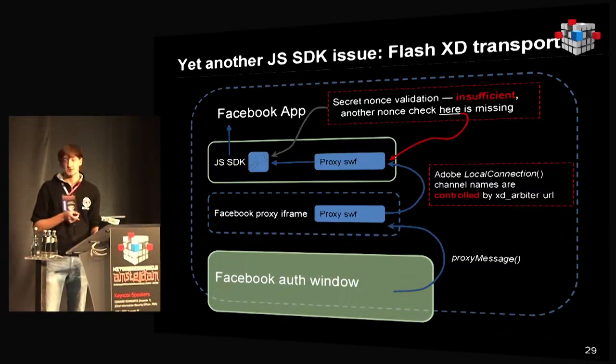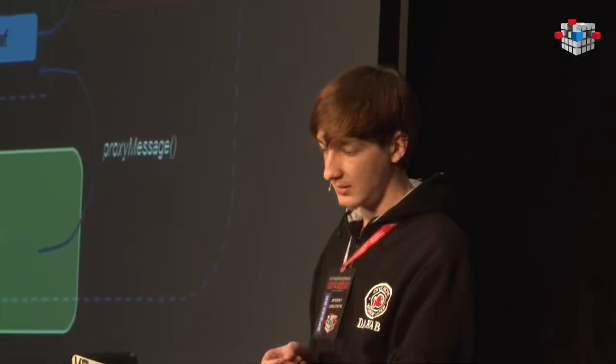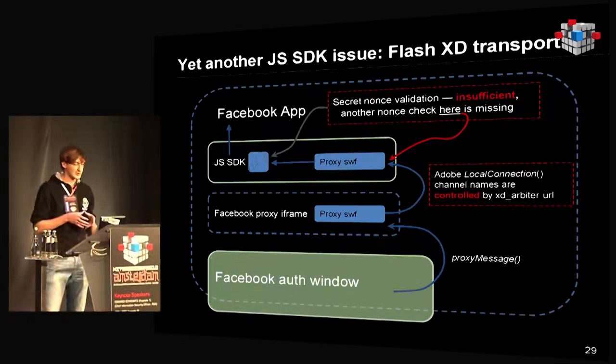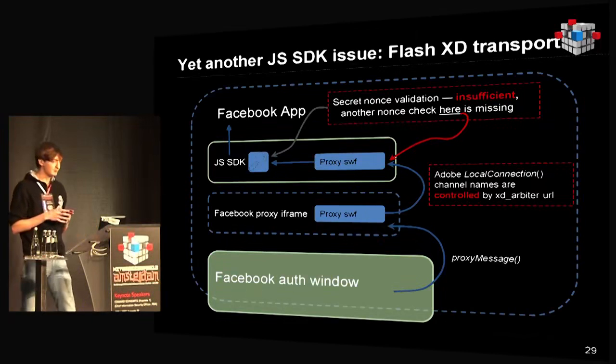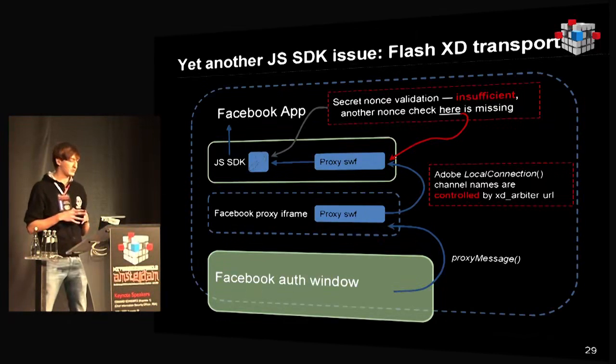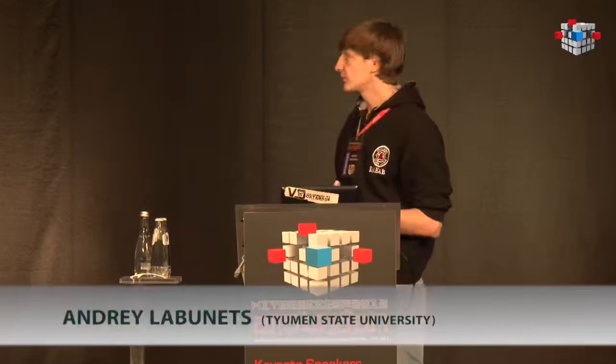So the upper proxy.swf does know this secret nonce. If I inject another proxy object from my own domain, I will not know this secret nonce, so I will not be able to invoke some interesting functions in the JS SDK.